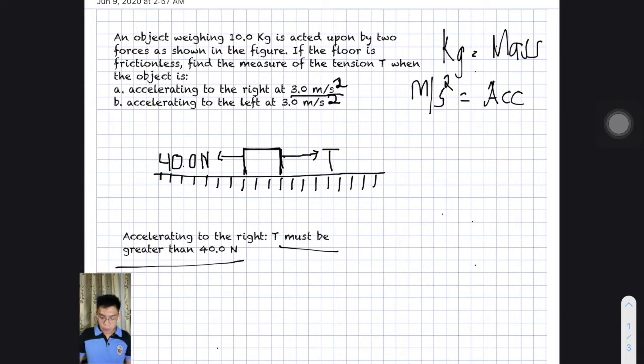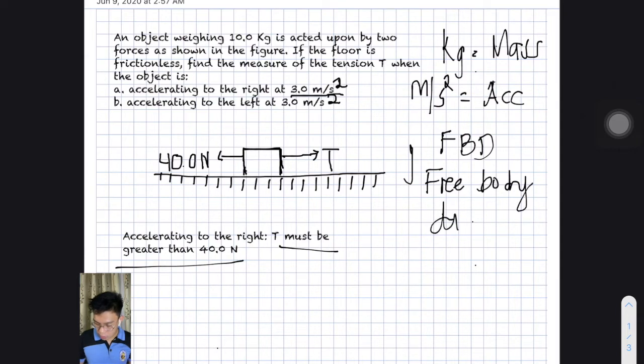Okay, so next, analyze the figure given. This figure in physics is what we call the FBD, or the free body diagram.